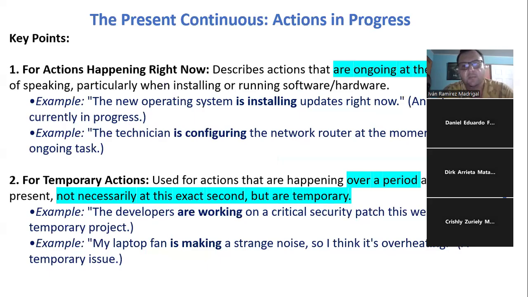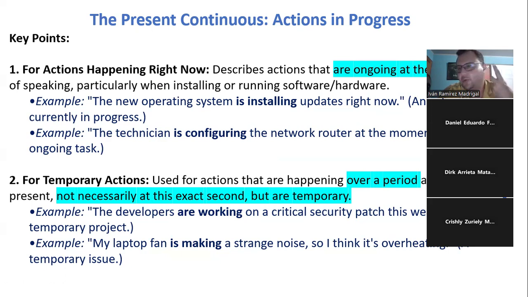Is this process going on right now at this very moment during this very session? Is there actual motion? Is there actual programming or writing? Is there something actually going on? If so, then I'm going to use the present continuous.